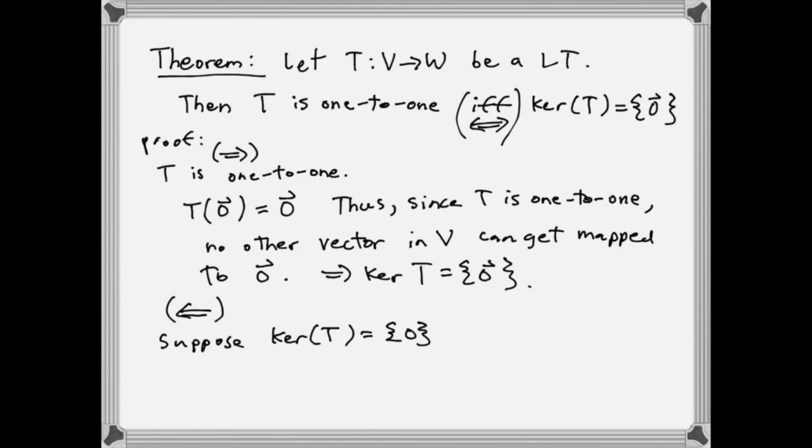We want to show that if we have two different guys, that they have to go to two different places. Okay, so let V1 not equal to V2 in V. So let's take two guys in V and let's suppose they're not equal. Then this implies that V1 minus V2 is not 0.